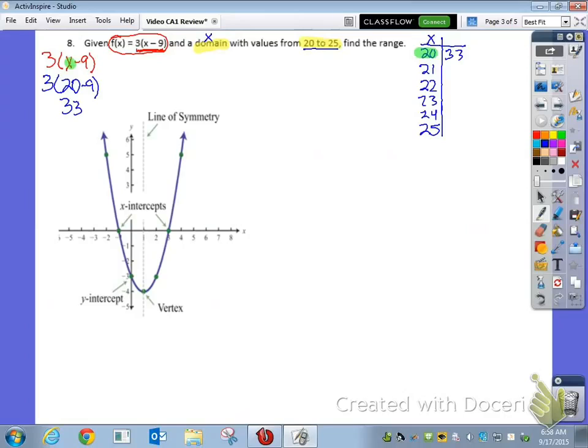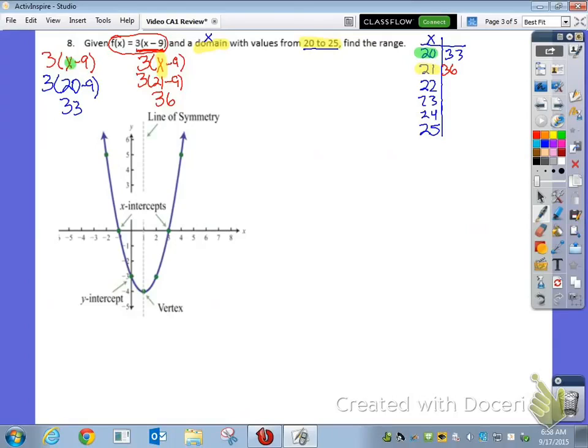Okay? My next number, so I write my equation down. 3 parentheses x minus 9. My next number to replace is 21. So wherever you see x, plug in 21. And when you plug that into your calculator, you get 36. So 21 is 36.